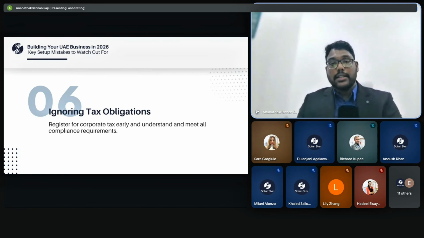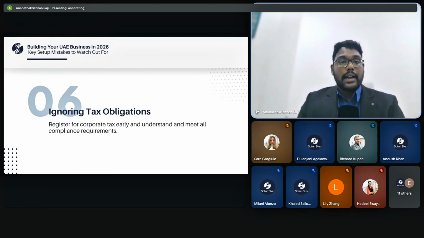It's not even like 3 months. So you have to clearly explain to the client, it's clearly 90 calendar days you have to register for corporate tax. So this is to ensure that you are avoiding a fine from the Federal Tax Authority of 10,000 dirhams. And also, you have to understand when to register for value-added tax.